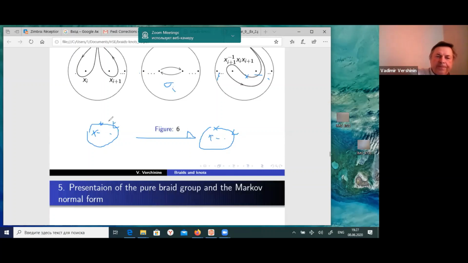And here is the mapping class group of punctured disks where the punctures are preserved point by point. This will be the pure braid group.